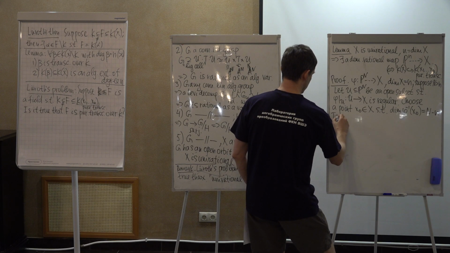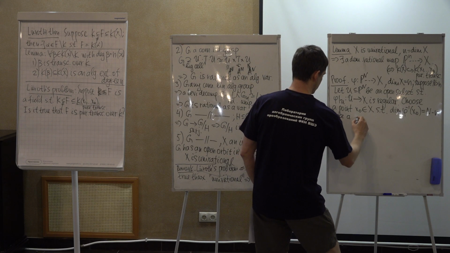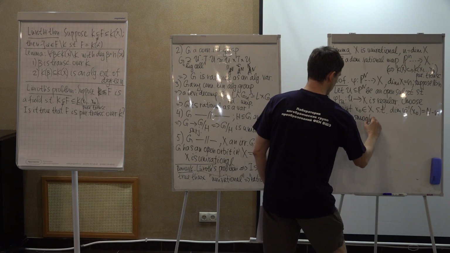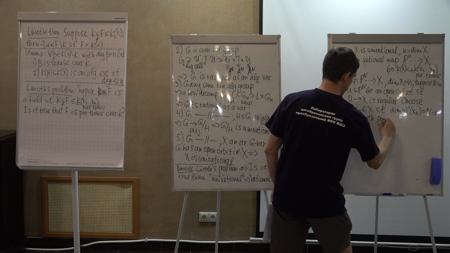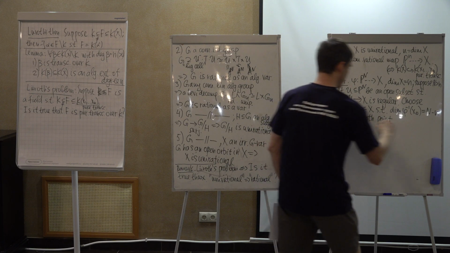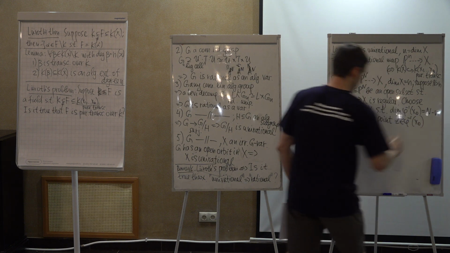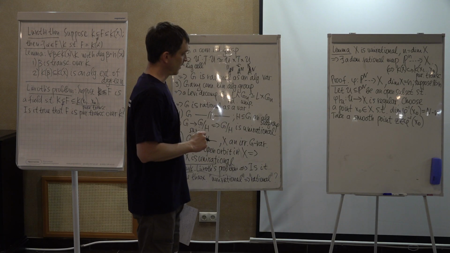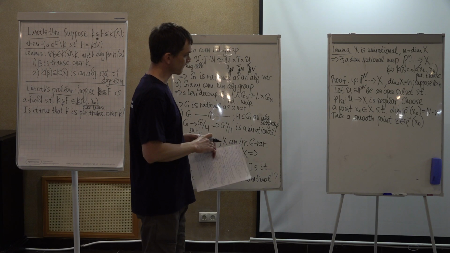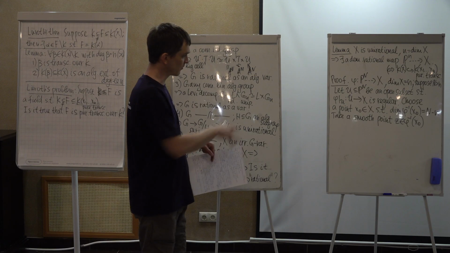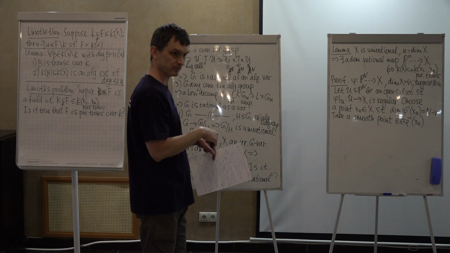So take a smooth point z in this fiber. And now consider the tangent space of this fiber at this point. Yeah, it has dimension N minus n.